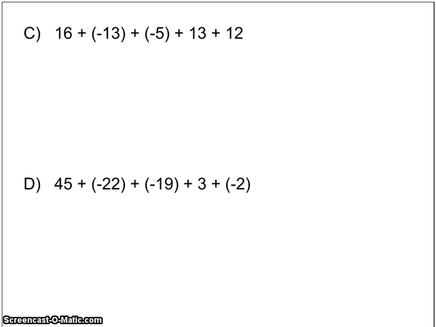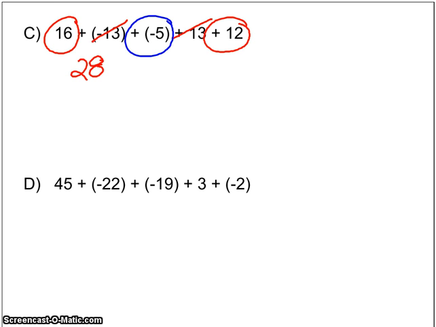Letter C, first step, find any additive inverses. Hopefully you see that negative 13 and positive 13 cancel each other out. Then find all the positive numbers. 16 plus 12, we get 28. And I find all the negative numbers, which we have plus a negative 5.